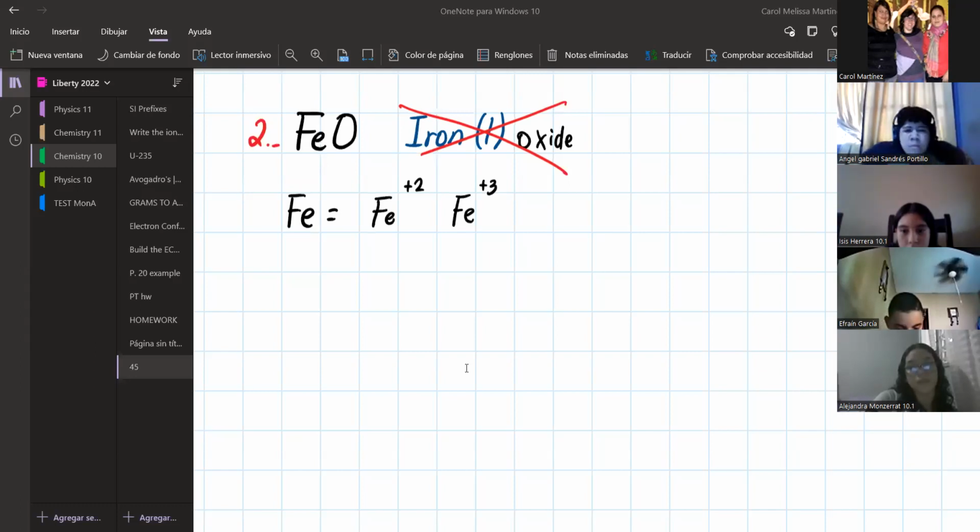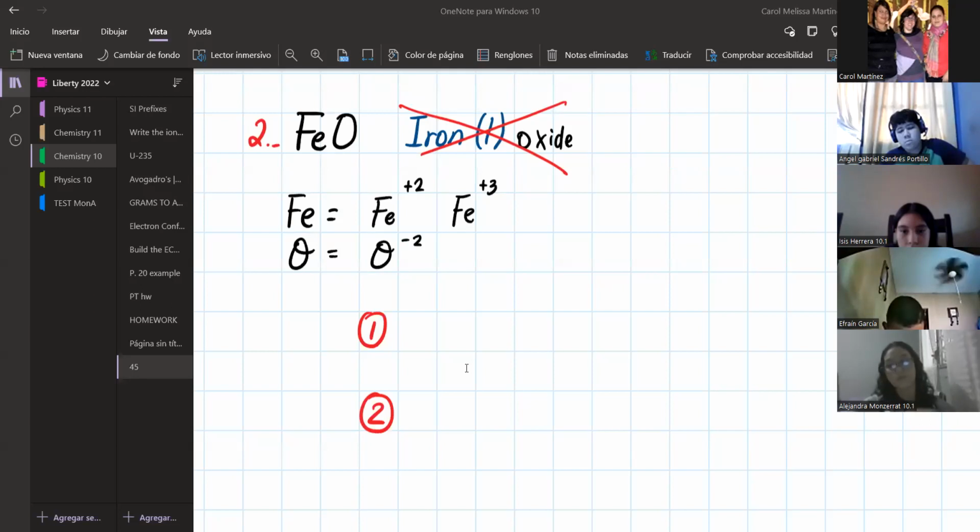If I have to write it, oxygen will be oxygen -2. And if I combine, I have two possibilities of combination. I can combine iron +2 and iron +3 with oxygen.